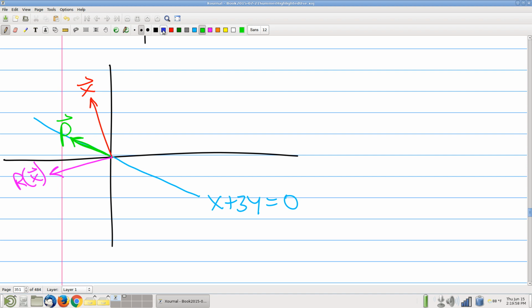If you were to extend and make a parallelogram where you draw x plus r, geometric appeal, x plus r is equal to 2p. Yeah? All right, so if I can figure out p, I already know what x is, then I can solve for r. So what is this p thing?